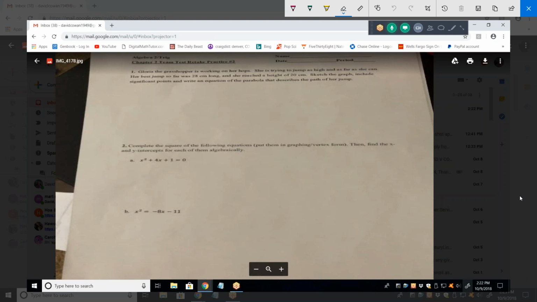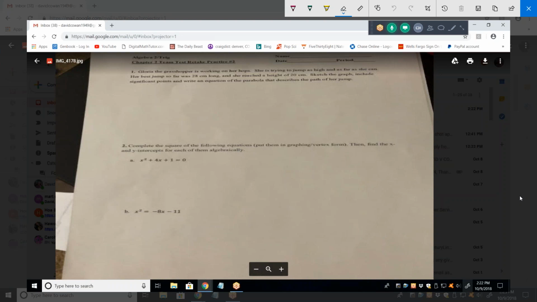First of all, whether it's a grasshopper jumping, or if you go out in your backyard and you throw a baseball, or if you hit a golf ball, any parabolic motion follows a quadratic.